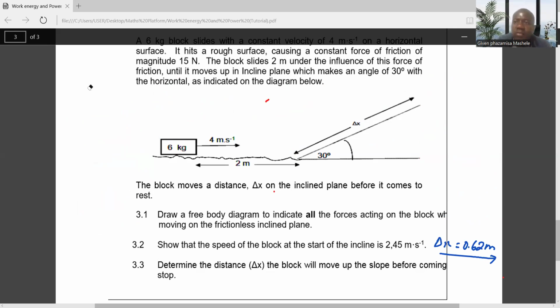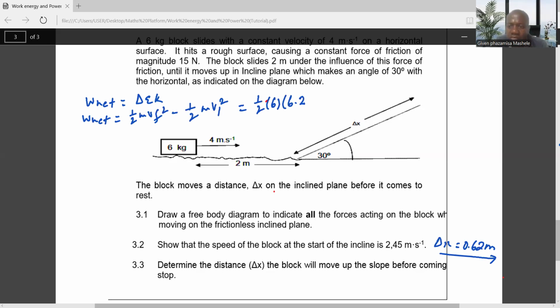With the work energy theorem, we have to first calculate the net work done on the object. So we can say work net is the change in EK. So change in EK is half MVF squared minus half MVI squared. So we can calculate this: half into 6. The final velocity is 0.